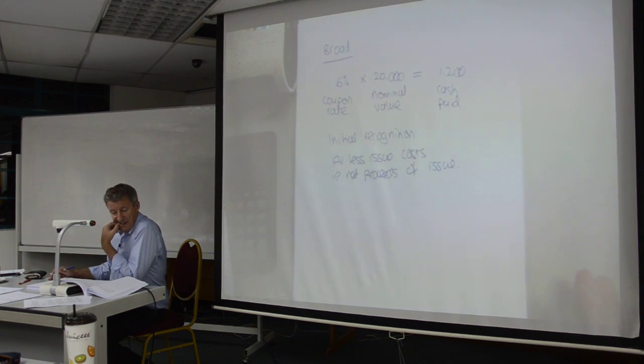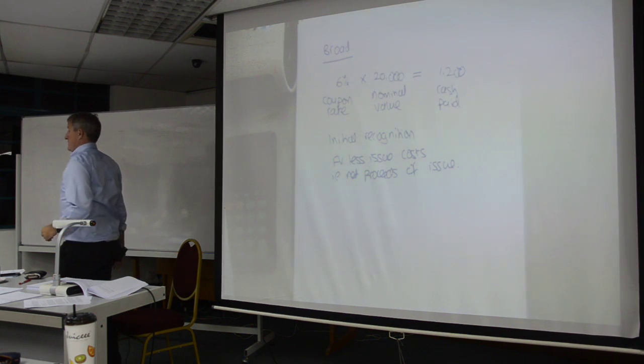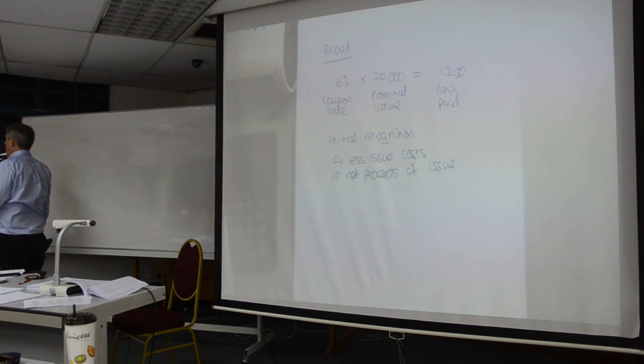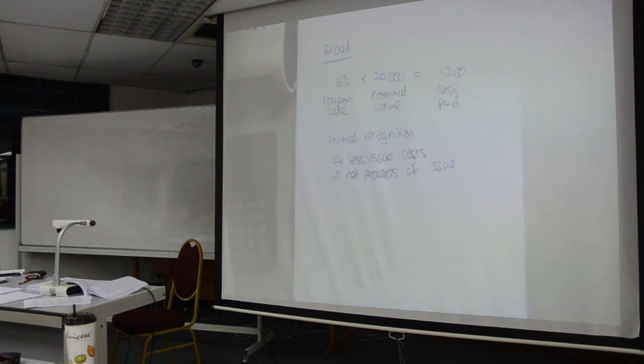How much cash do I get? I like 18,000. And the reason I like 18,000 is because it's a 20,000 bond issued at a discount. The discount is 10%. So you only physically receive 18.